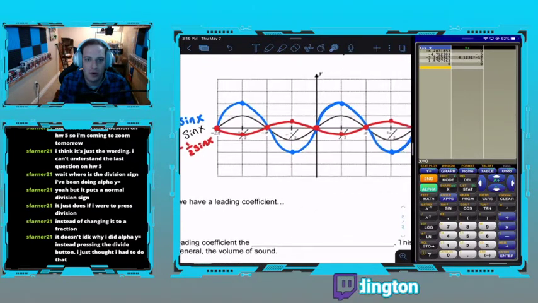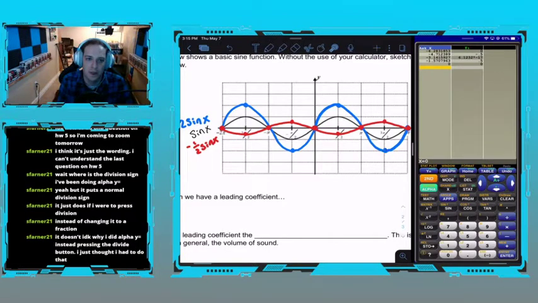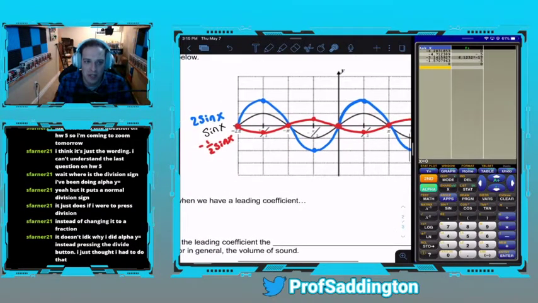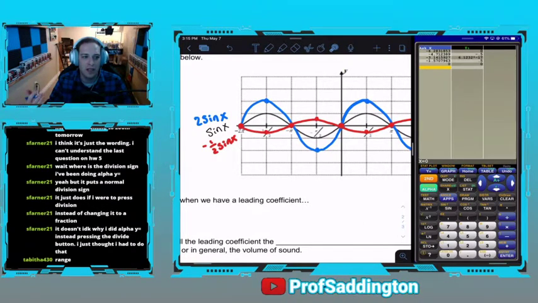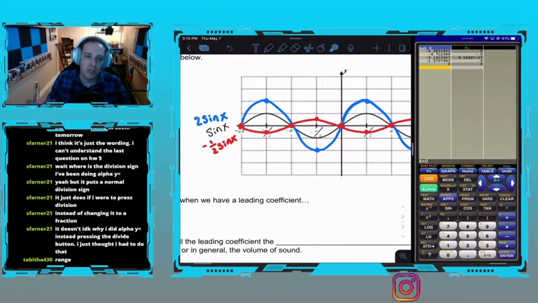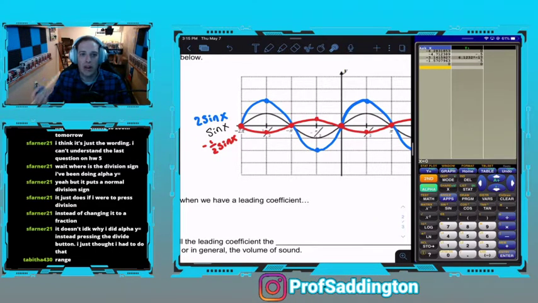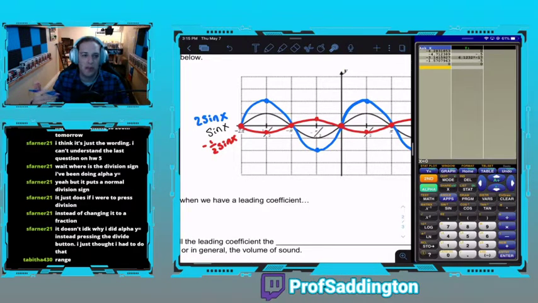And if I kept going over to the positive side, you'll notice that the smallest number is negative 2 again. So if you have 2 sine x, that just means your leading coefficient is stretching the range. Perfect. So that is going to be your range. Whatever number is out front will either stretch or compress the graph.